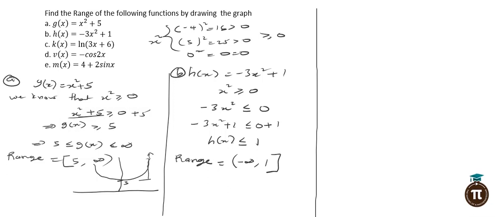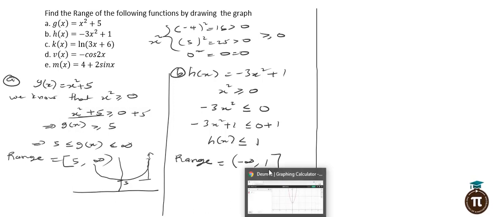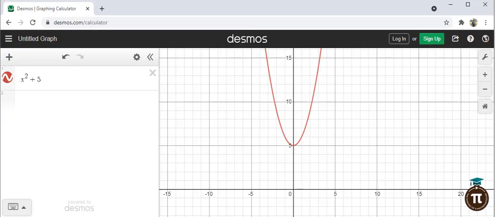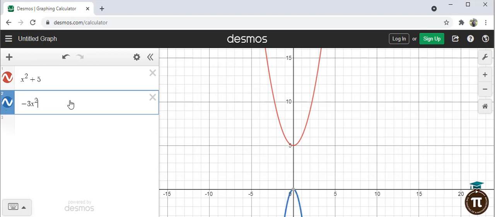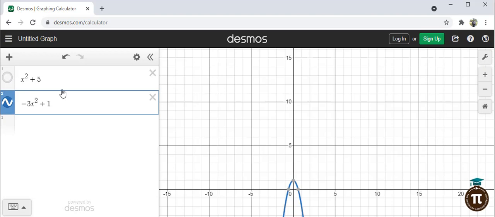If I want to draw the graph of this, it's also not very difficult, but let me use Desmos to draw it. Minus 3x squared plus 1. I can erase x squared plus 5 so that you will see what minus 3x squared plus 1 is saying.